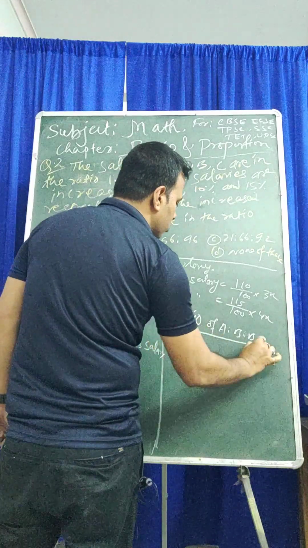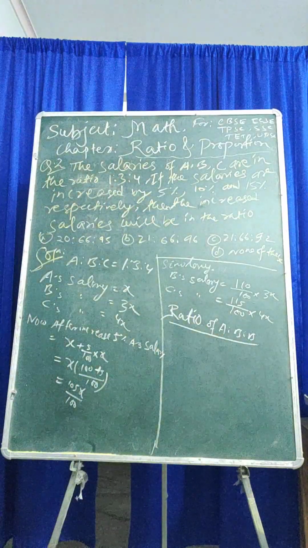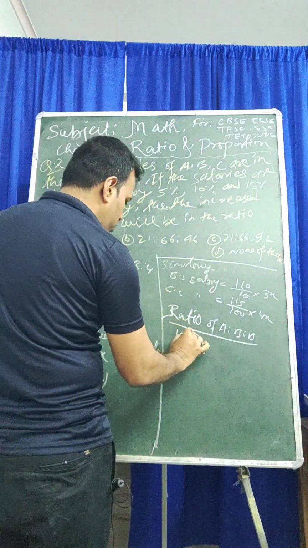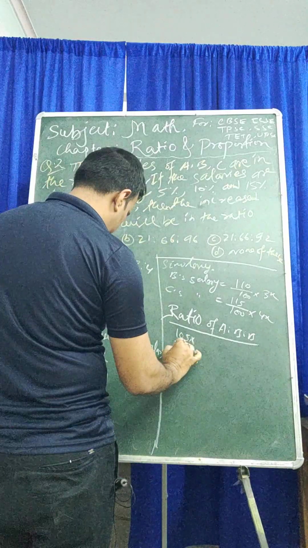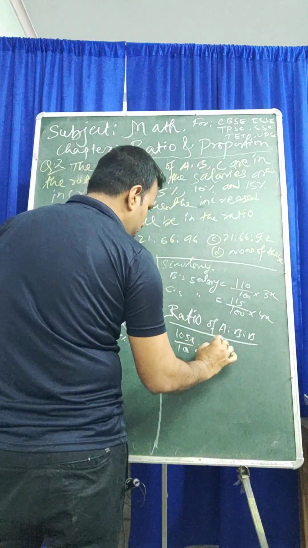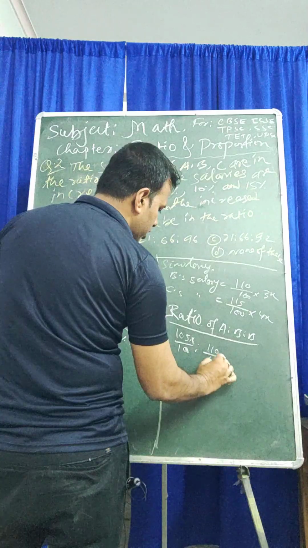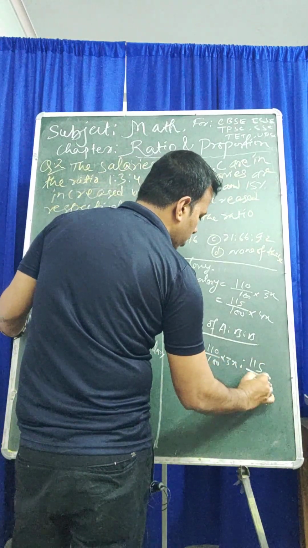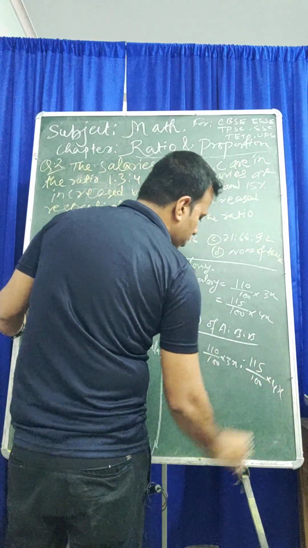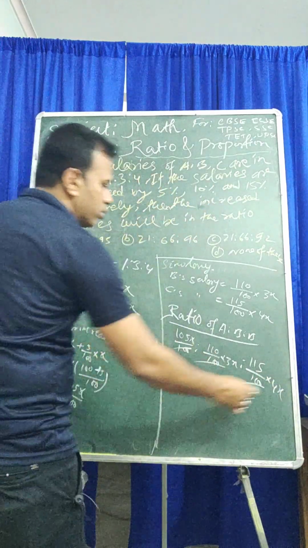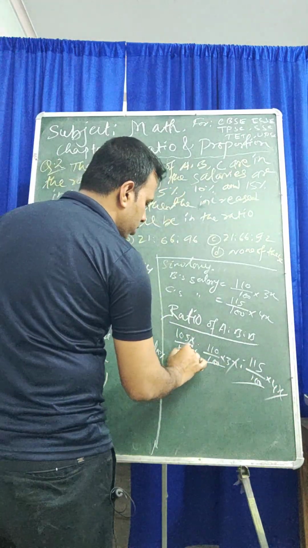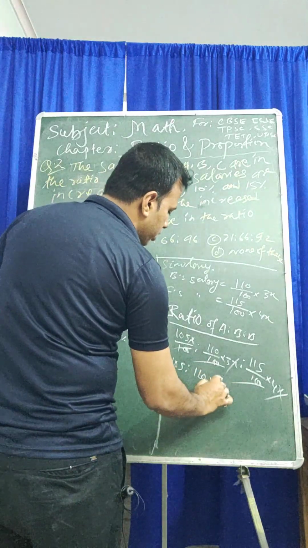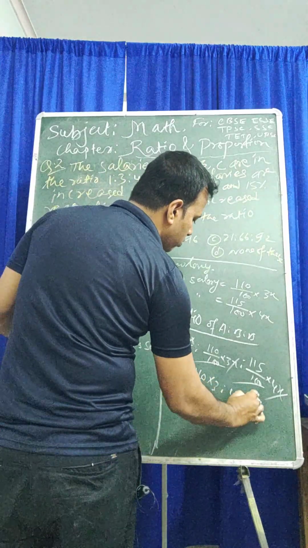So it will be 105x by 100 is to 110 by 100 into 3x is to 115 by 100 into 4x. 100 will cancel out, x will cancel out. Here is 105, 110 into 3, is to 115 into 4.